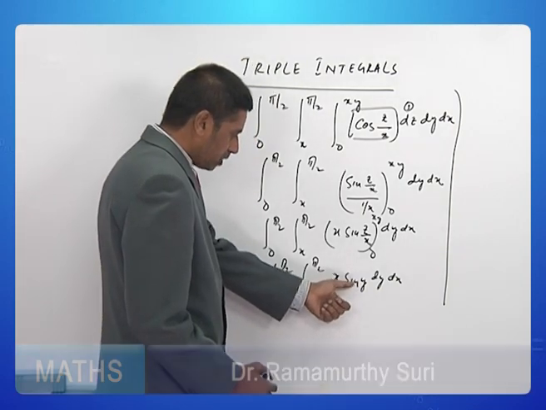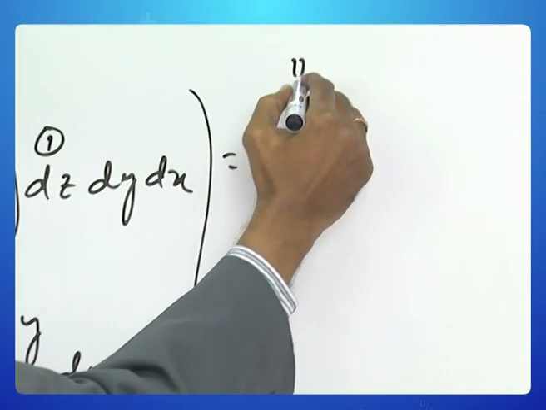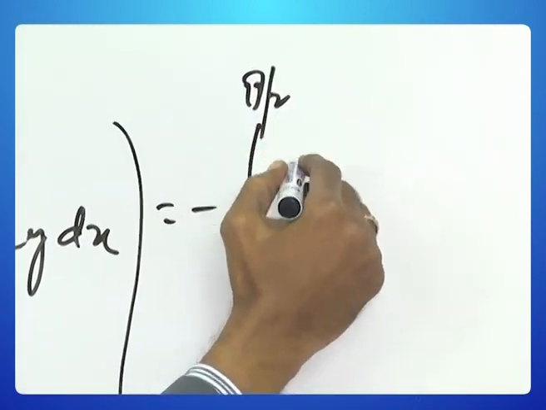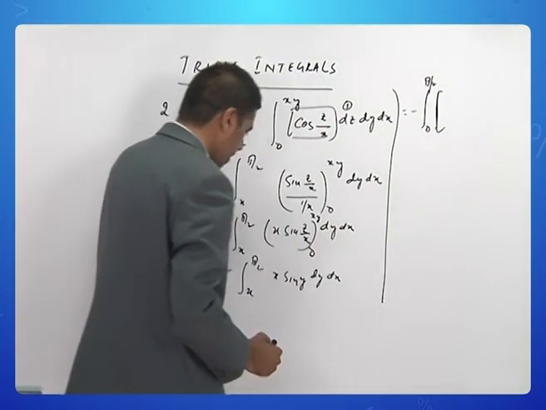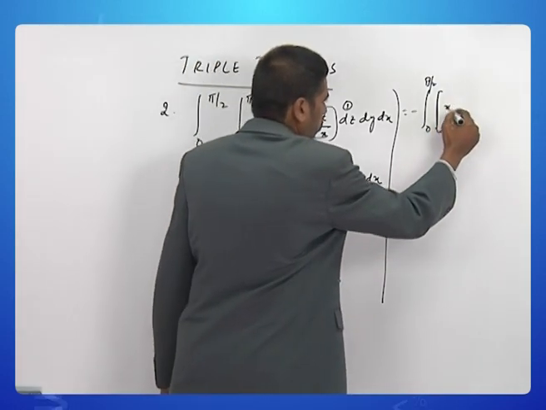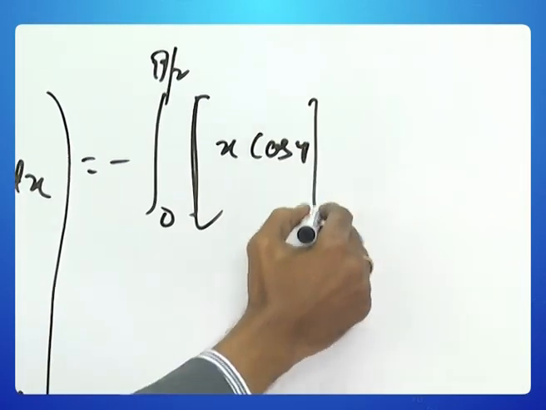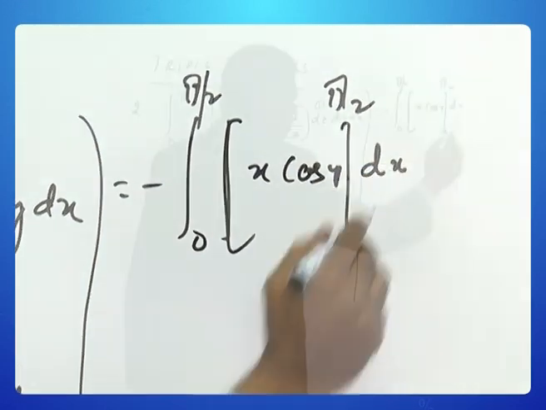The integration of sin y is minus cos y. So we can put the minus outside. 0 to pi by 2, x sin y becomes minus x cos y from x to pi by 2 dx.